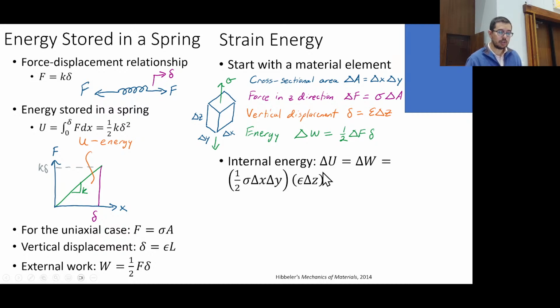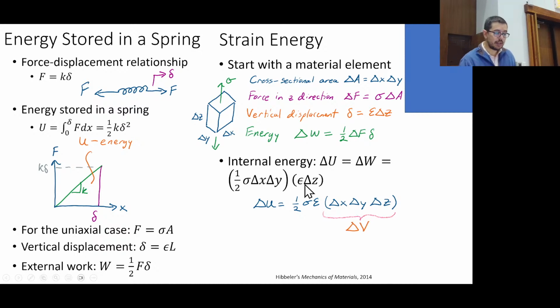And so that internal energy comes out to be, what's the delta F? We have sigma times delta A. Delta A is delta X, delta Y. So that's this component right here. And the delta is just epsilon times delta Z. So we now write that the whole energy that we have in this element, delta U, is equal to 1/2 sigma epsilon, we're just rearranging things, times, and what's this?